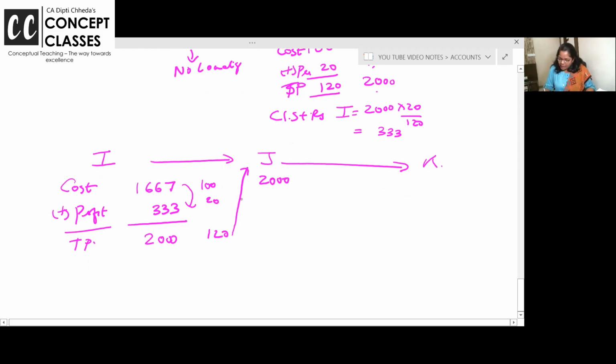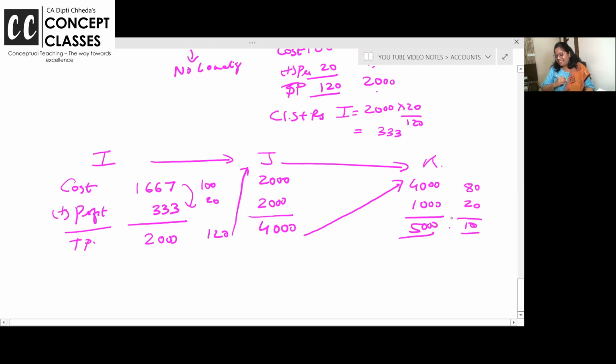J is saying, okay, you give 2000, 2000 my own stock, 4000 I will give to K. But in my case, the loading is 4000, 1000, 5000. Sorry, 80, 20, 100.